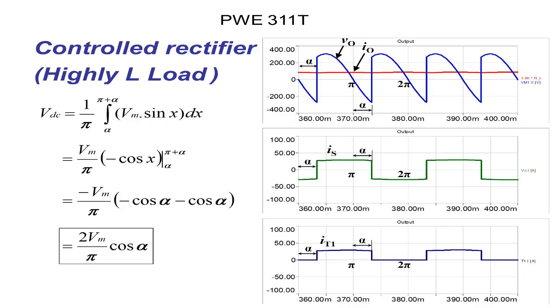So if you have a highly inductive load, we're going to have the VDC to be 2 Vm over pi cos alpha. This is for highly inductive load. If it is not highly inductive load, we know that our VDC still remains Vm over pi multiplied by 1 plus cos alpha.